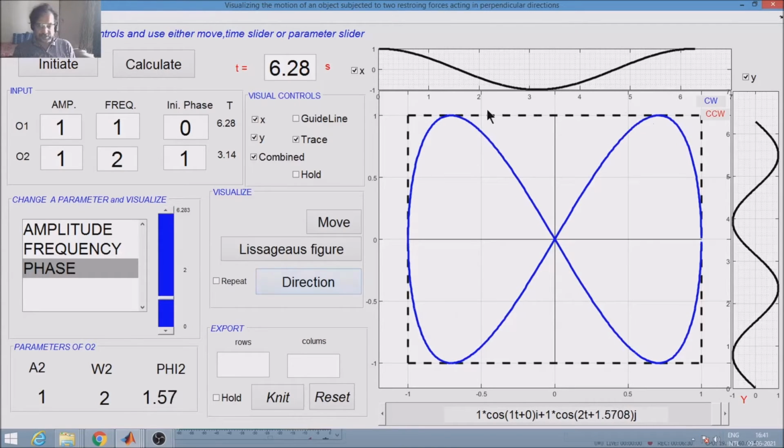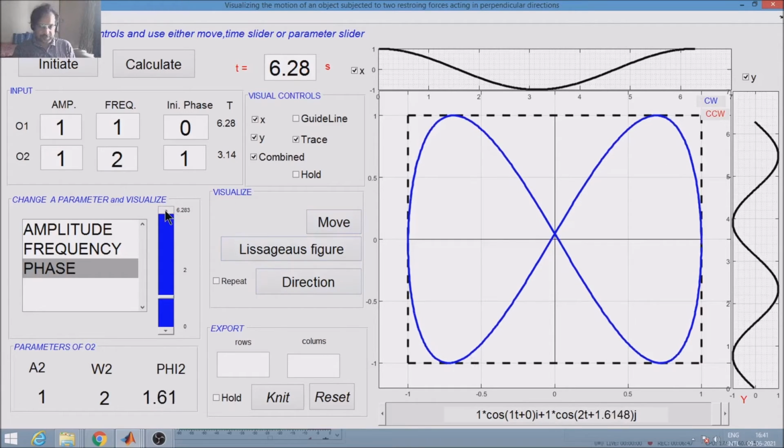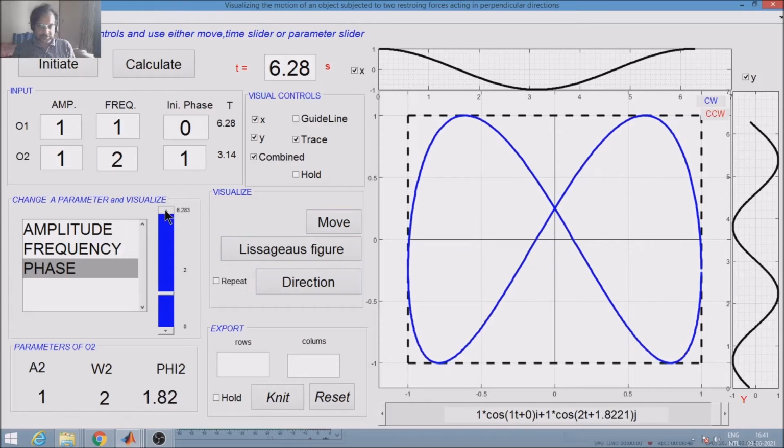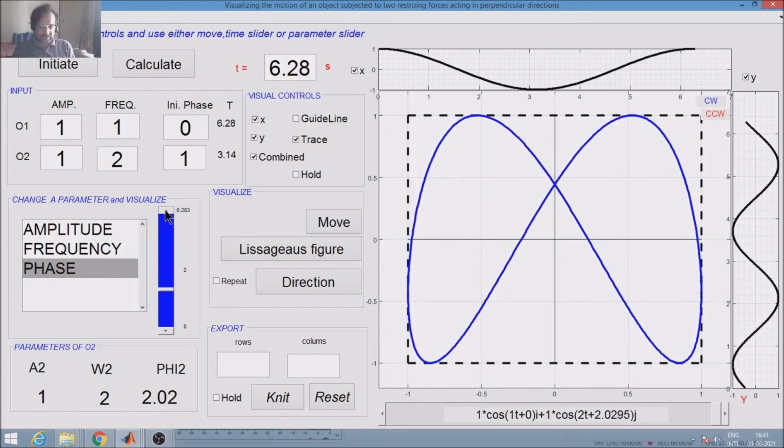Here also we get the symmetric figure, and at x equal to 0 and y equal to 0, the object comes twice, once while going and once while coming back. Then after pi by 2, it's the same effect.